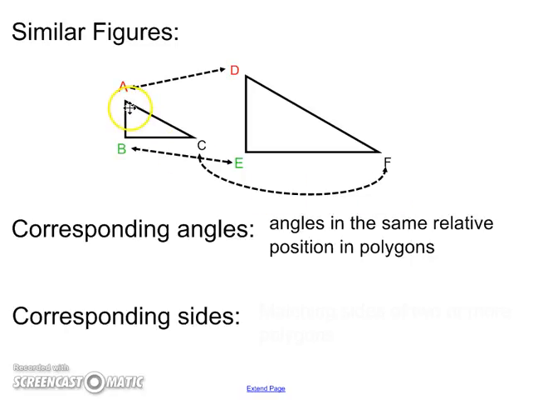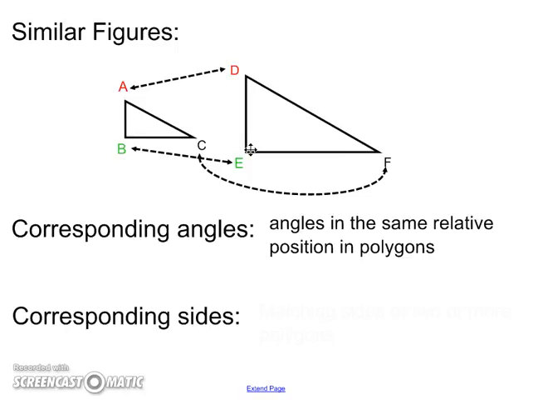So if A happens to be, say, a 40-degree angle, D must also be 40 degrees. B here looks like a right angle, so let's just say for the sake of argument it's 90 degrees. E must be 90 degrees, and so on. So for figures to be similar, the corresponding angles have to be the same size.